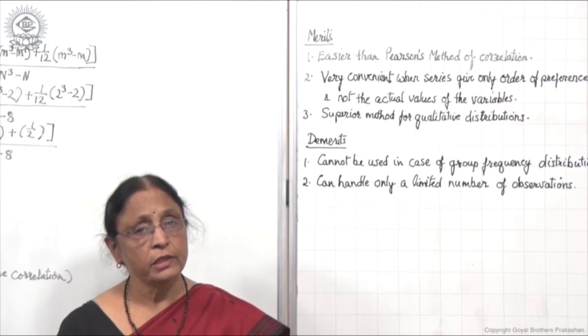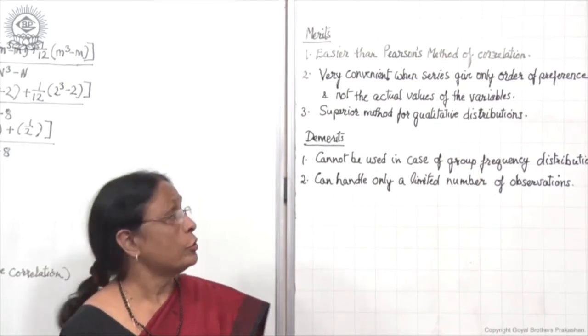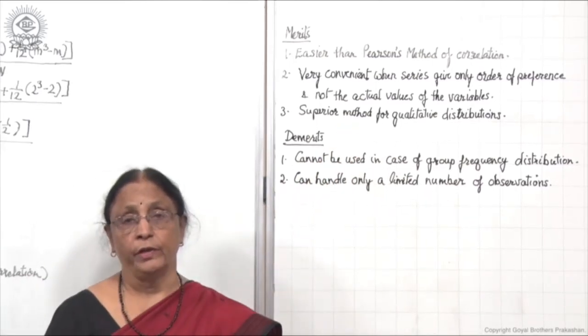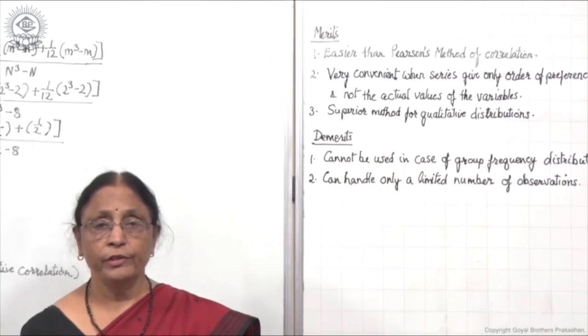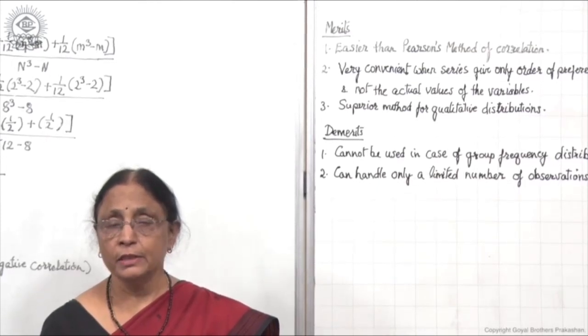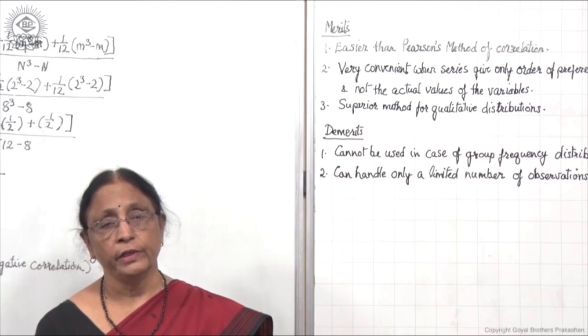But if ranks are not given but marks or scores are given, then the only difference is that you have to allot the ranks. Even then, I must say that it is very easy.